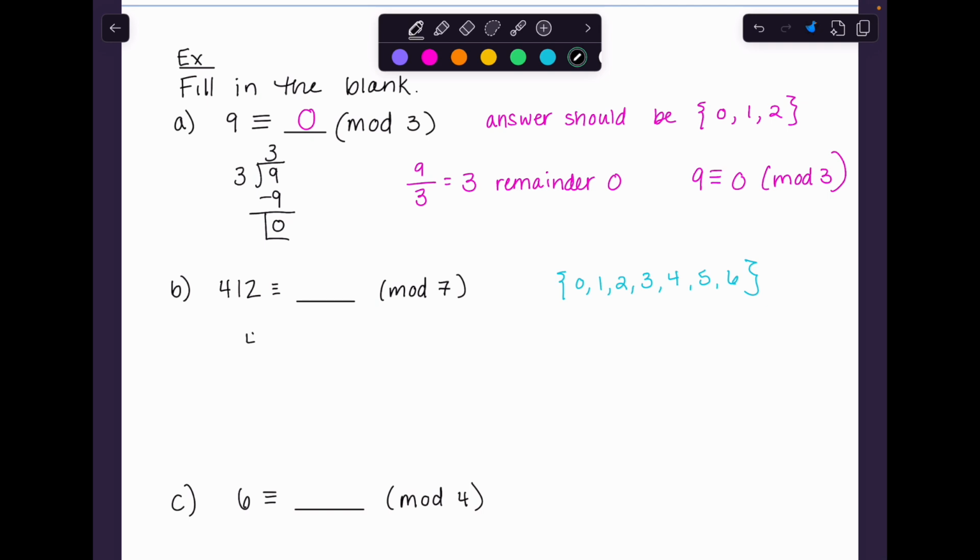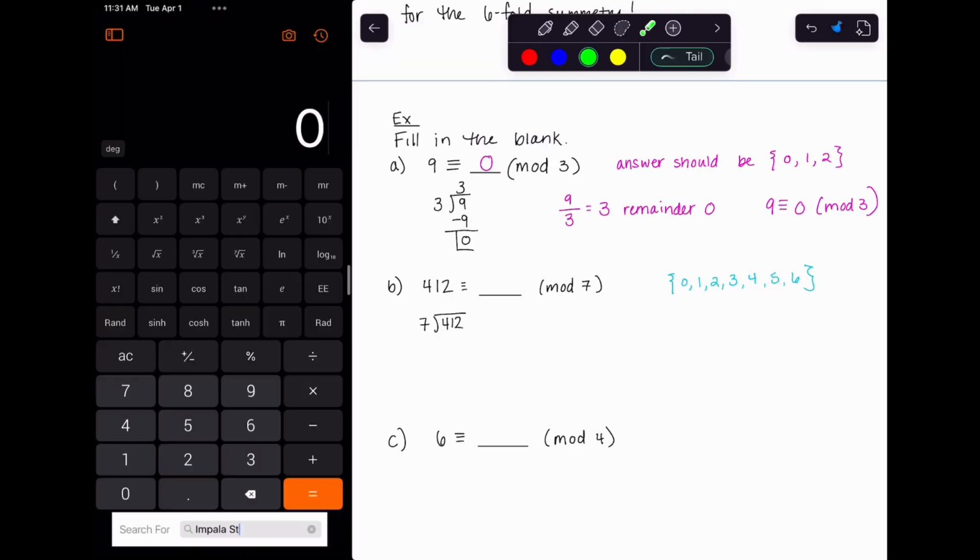I want to take 412 and divide it by 7. Looking at the first number, 7 does not go into 4. So if you need to, you can put a 0 here. You bring the next number down, but really just look at the 41. That's the first thing 7 goes into, and it's going to divide into that 5 times.